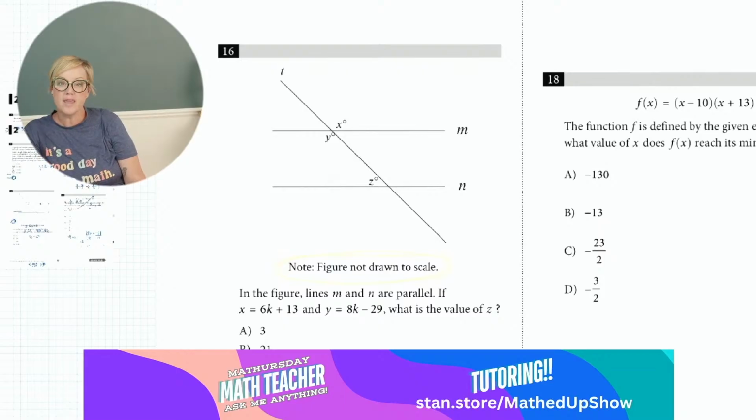Okay, so what you can use is what you know about these transversals and the parallel lines.